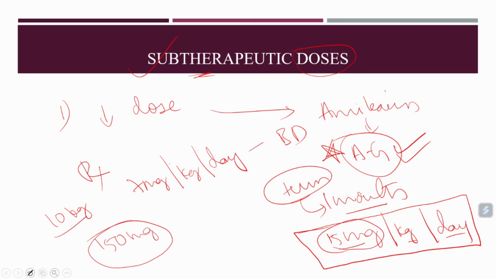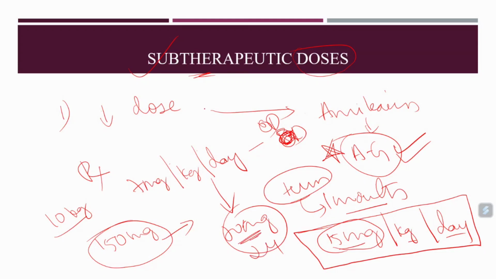Here the physician has prescribed 7 mg per kg per day. It should be given BD, but the physician has written OD. So the same drug will be given, and the dose here is 70 mg per 24 hours. The 70 mg is not sufficient to fight the infection, and this is called a subtherapeutic dose.